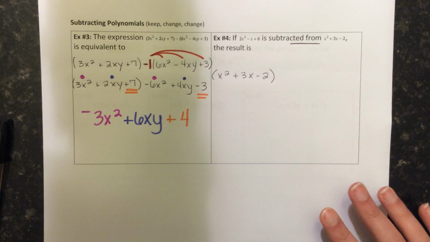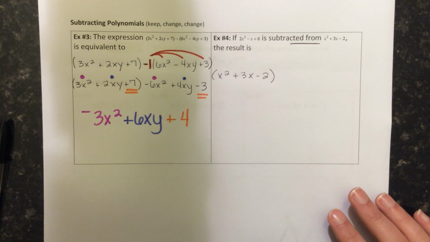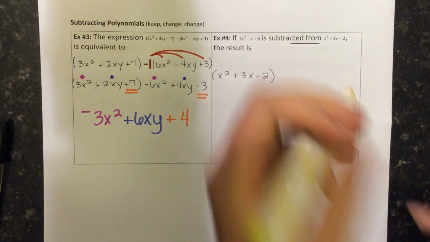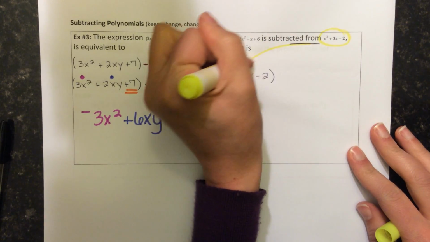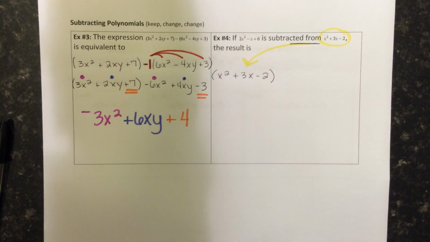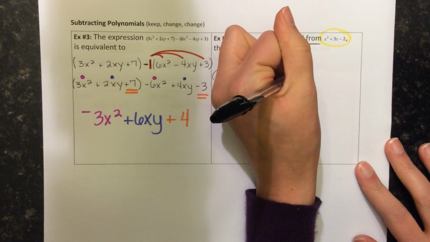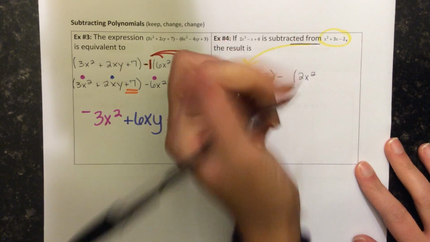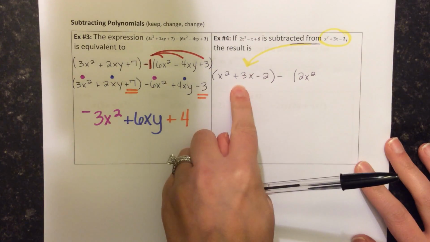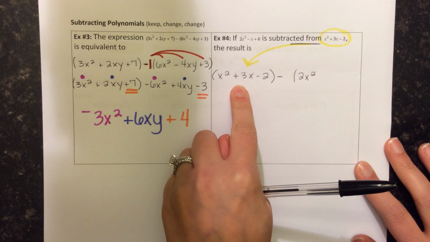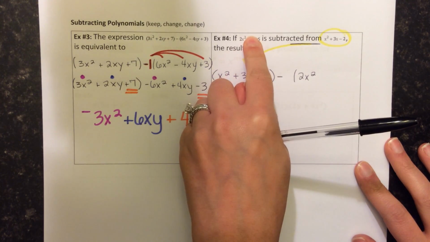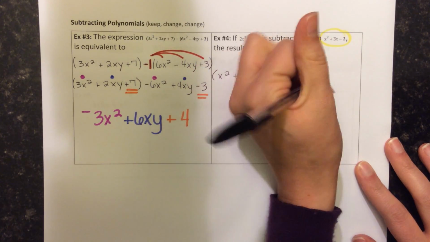So it's really important that I did that, and it's really important that we understand it. So I'm not sure if this will show up, but this one had to go first. Can we see that? Yeah, we can kind of see that. Okay. And then this is going to come second. So if it says subtracted from, put this here. Okay. And this is being taken away from that.